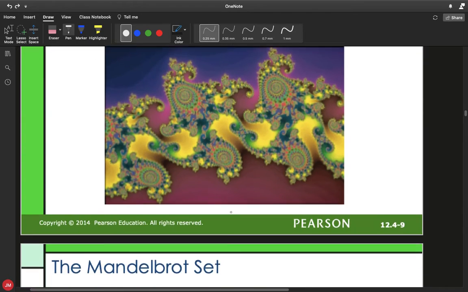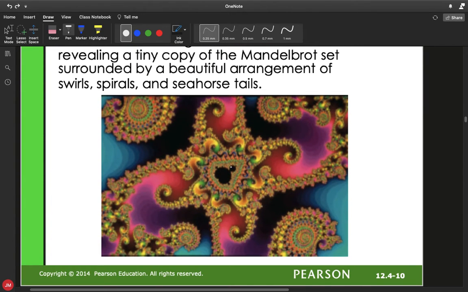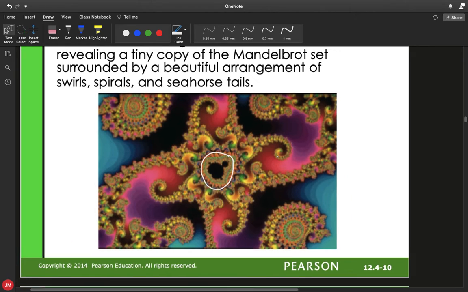So after all of that zooming in, you eventually get to a point where the process starts all over again. And so then as you continue to zoom, we now have a new Mandelbrot set, which we could continue to zoom in on, and we could continue to do that theoretically an infinite number of times.